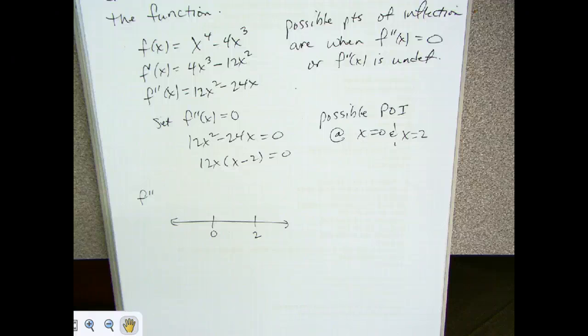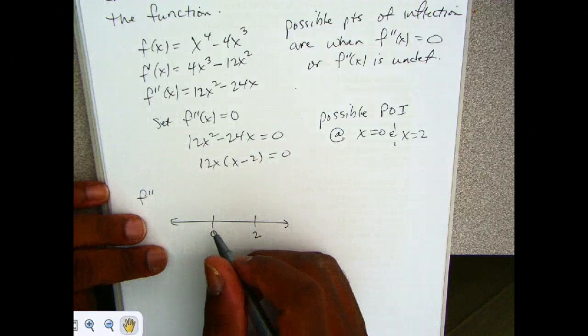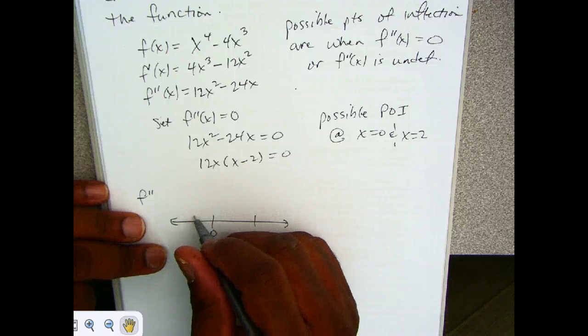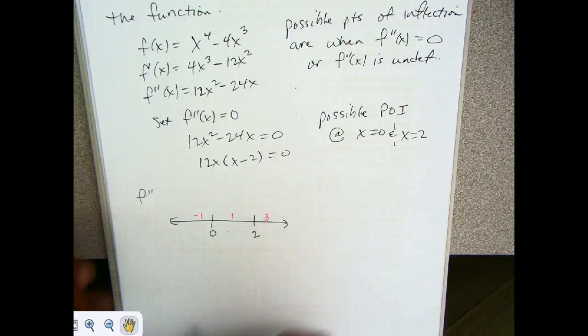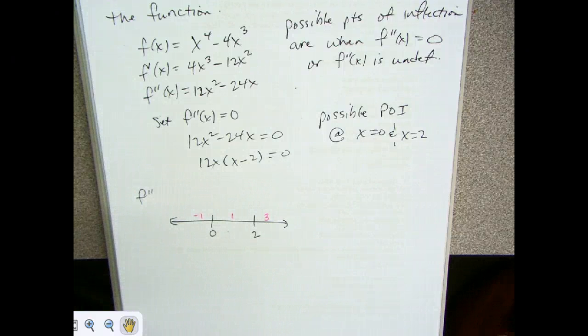If f double prime is less than 0, your graph is concave down. So we want to choose test values. Let's go x equals -1, x equals 1, and how about x equals 3? And again, all we're worried about are the signs.